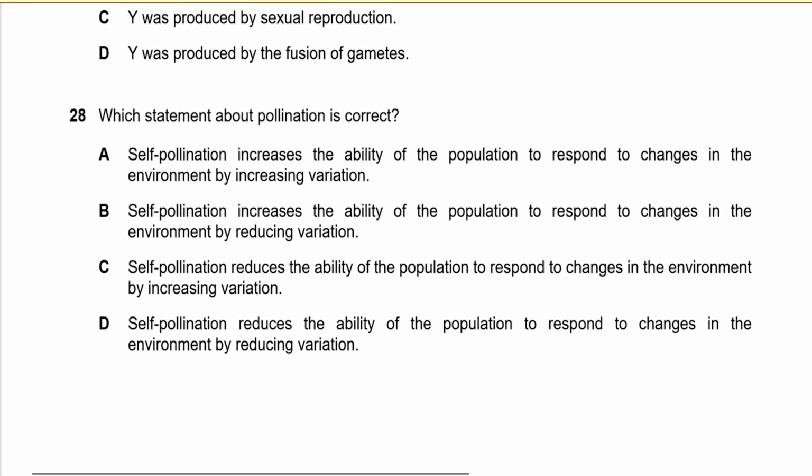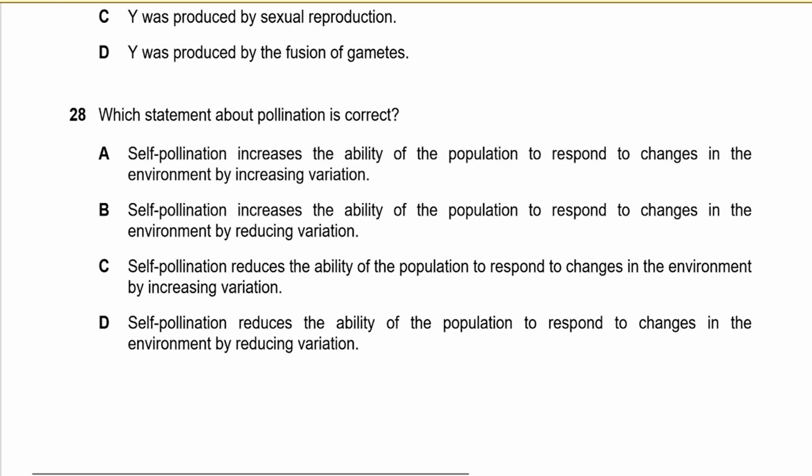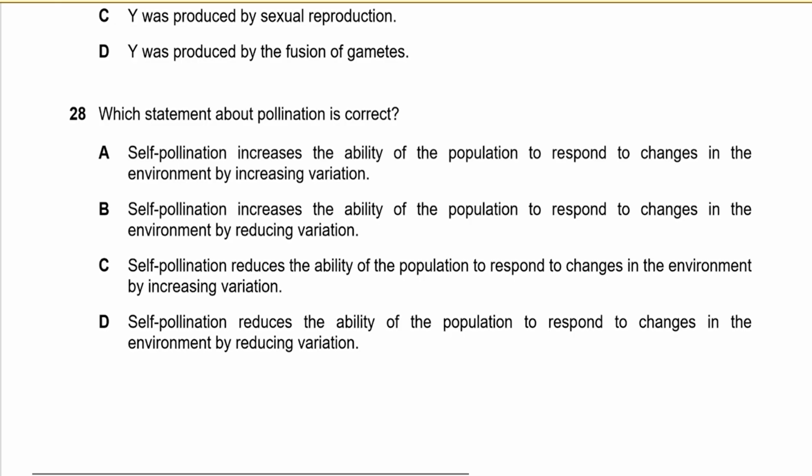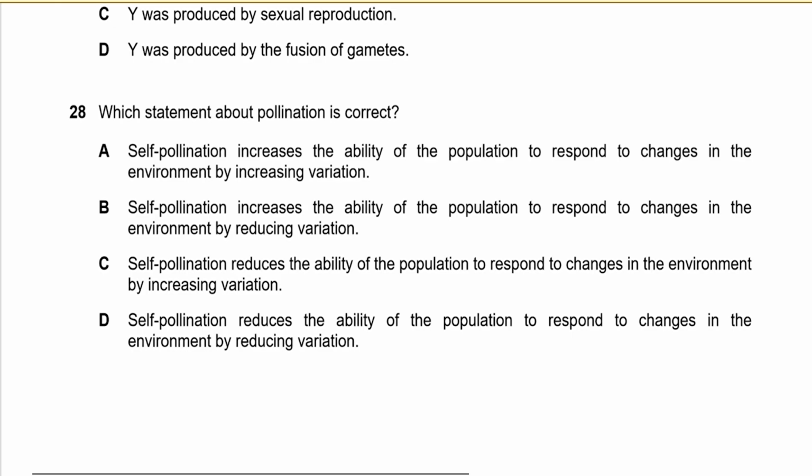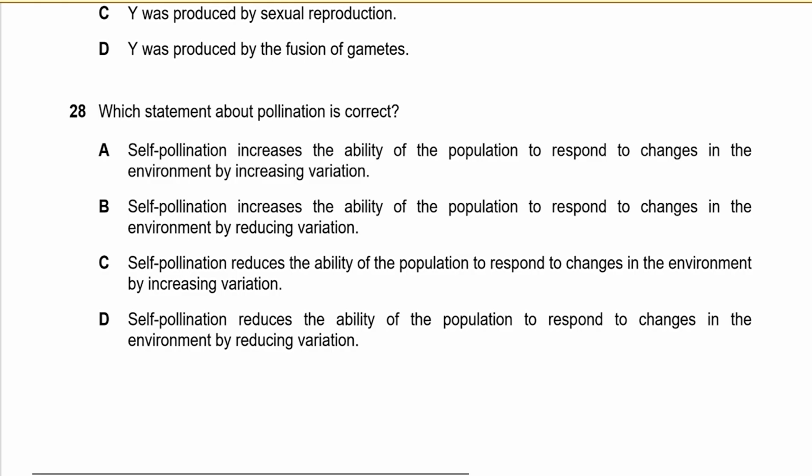Number 28 says, which statement about pollination is correct? Self-pollination increases the ability of a population to respond to changes in environment by increasing variation. No. Self-pollination decreases variation.